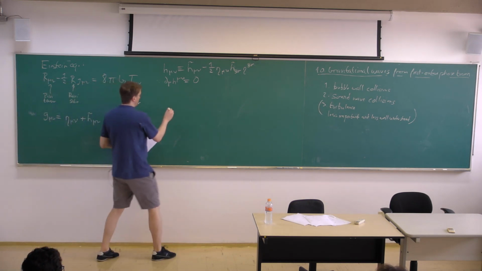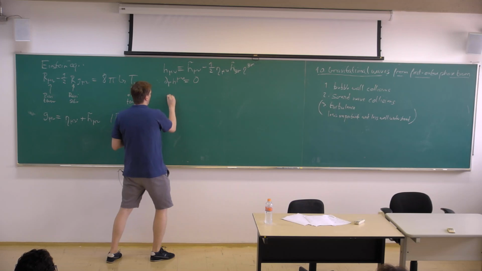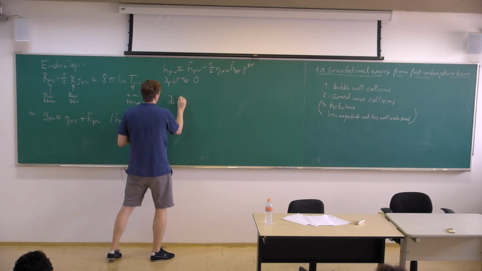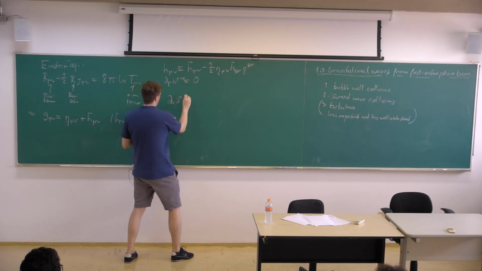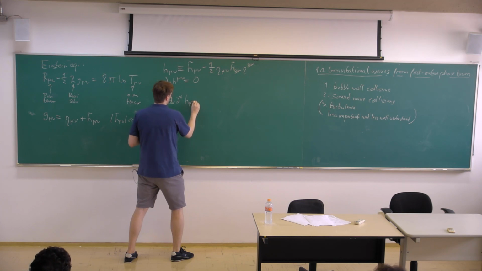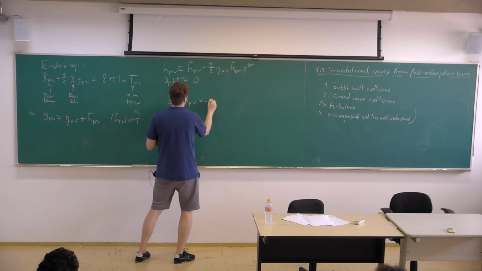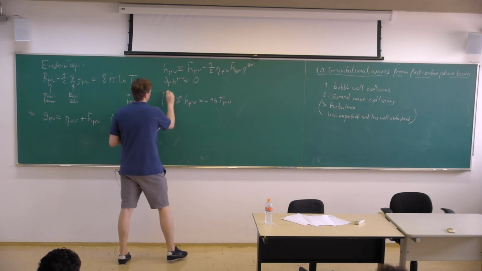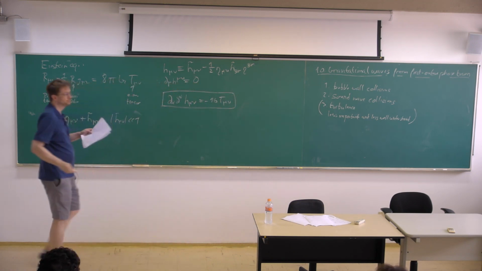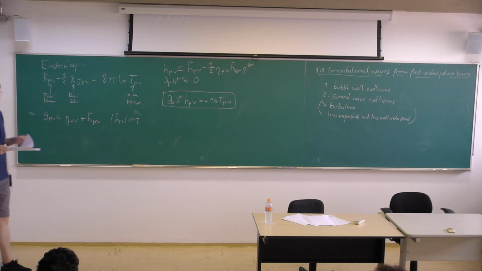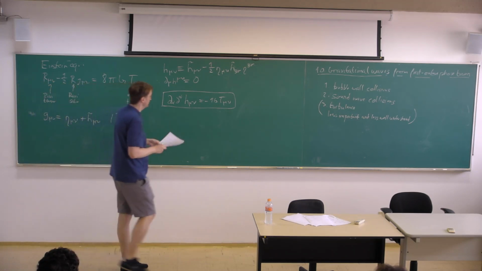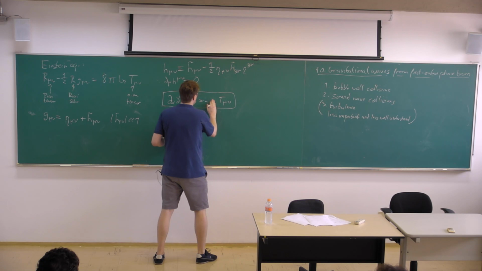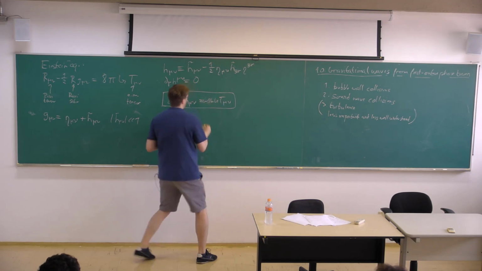Okay, and then you work this out, and I invite you to do that at home. And then you find that this satisfies a wave equation. Looks very similar. So this is 16 pi times Newton's constant.